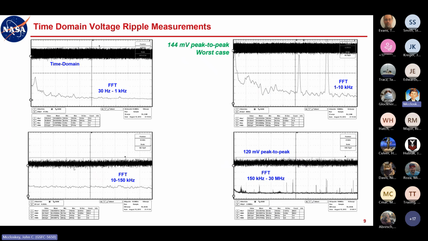But just in the time domain, nothing really stood out. It was just a bunch of fuzz, a bunch of white noise. The worst case that we saw was 144 millivolts peak to peak. That was well below the 1 volt peak to peak limit, so passed with flying colors. So great, this is exactly what we want.